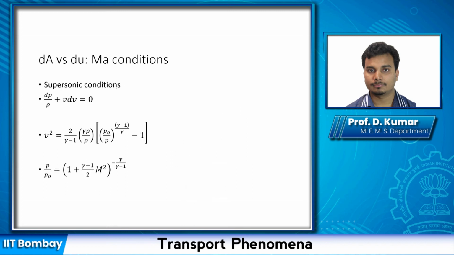So you can have a supersonic condition when your Mach is greater than 1, and we see that in the diverging section, velocity will keep increasing.